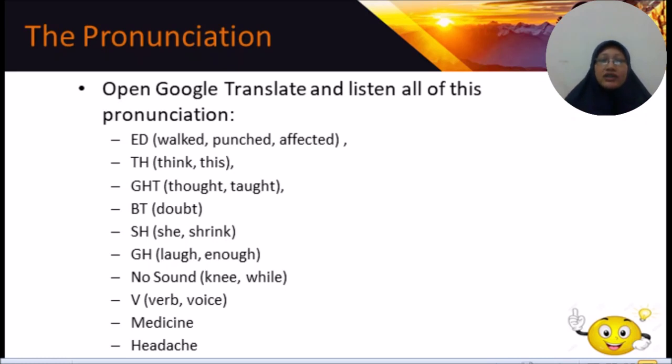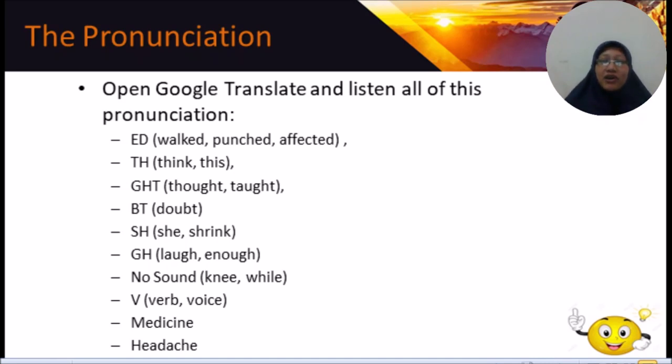It is different if the T meets the ED, so we pronounce it fully, like affected, rejected. So you need to understand which ED is fully pronounced as ED and which is just pronounced as t.